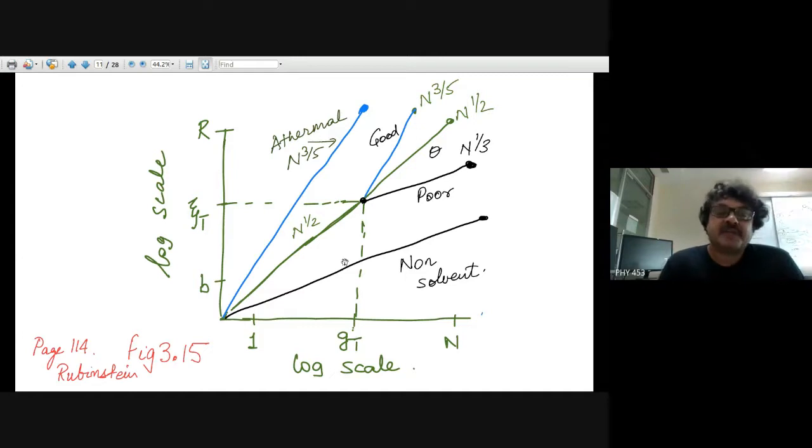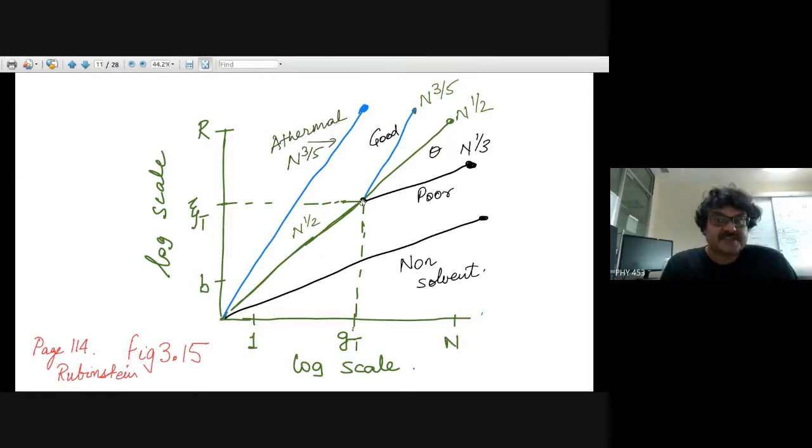Right? So if you have a polymer in a good solvent, or in an athermal condition, then basically from the monomer scale itself, the conformation statistics will be n to the power 3/5. It should be more like g to the power 3/5, I think, because this is the statistics at all possible length scales.